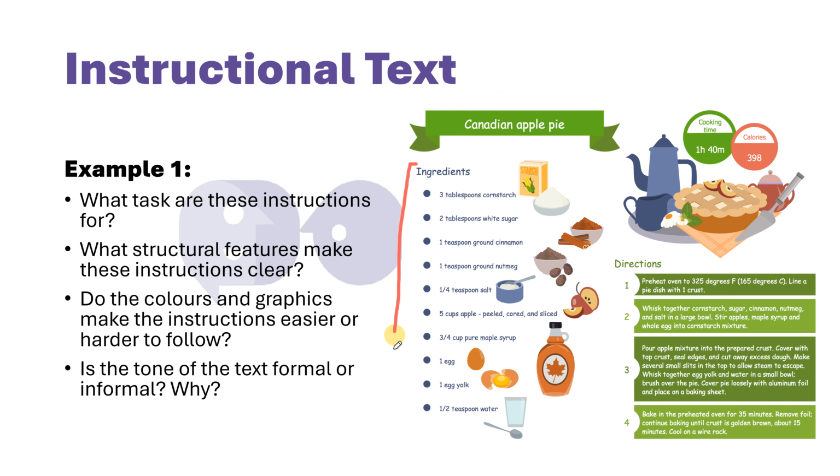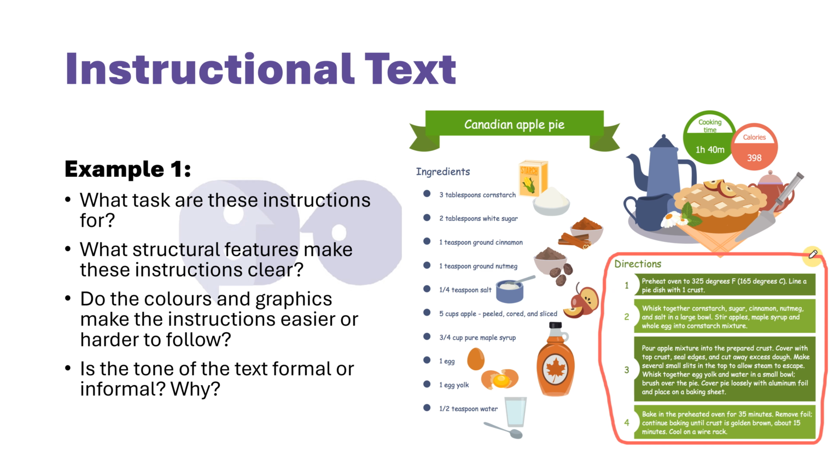Structural features. Well, there's loads here. So first of all, we have our lovely bold title here in green. And then secondly, we have our list of ingredients, beautifully laid out with clear bullet points, each with their own unit of measurement for accurate, well, measuring.